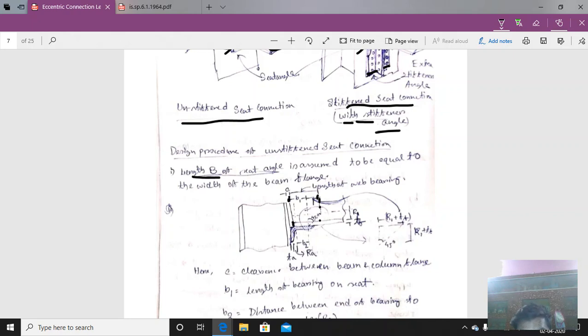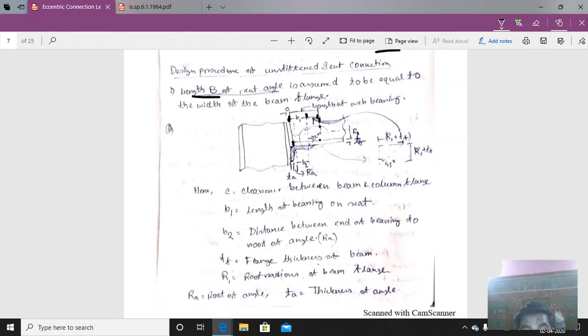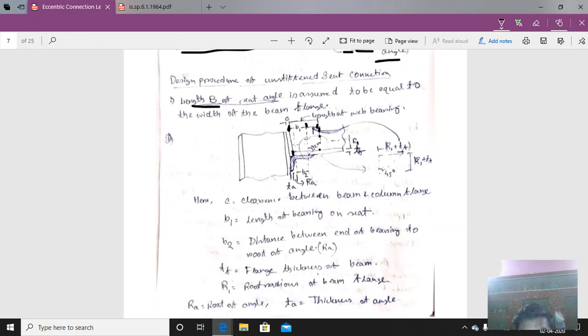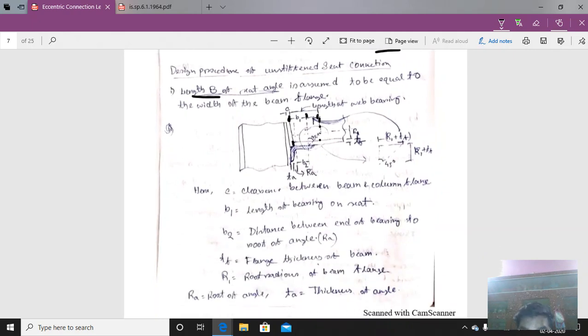Now that value is called b. b means the total length of the web bearing. b1 is the length of the bearing on the seat. That means this length is taken by the seat angle.